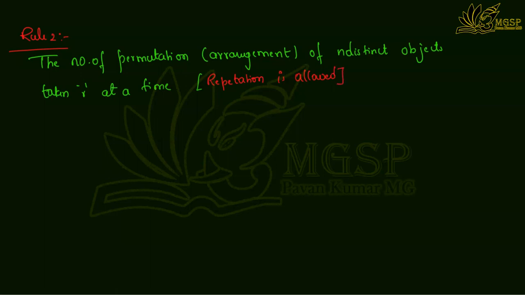What is the number of ways? That is nPr is equal to n factorial divided by (n minus r) factorial, as I said in the previous case.